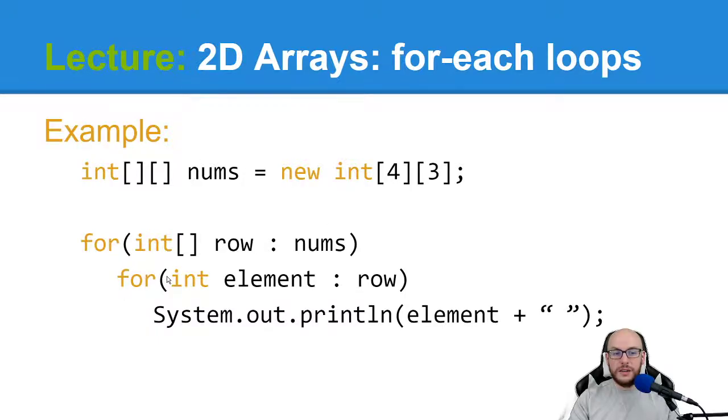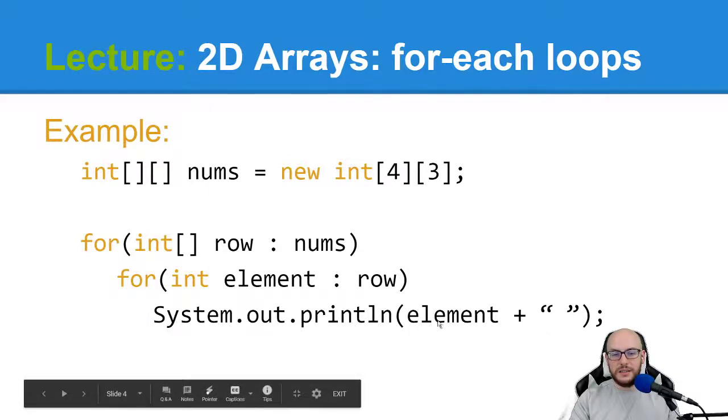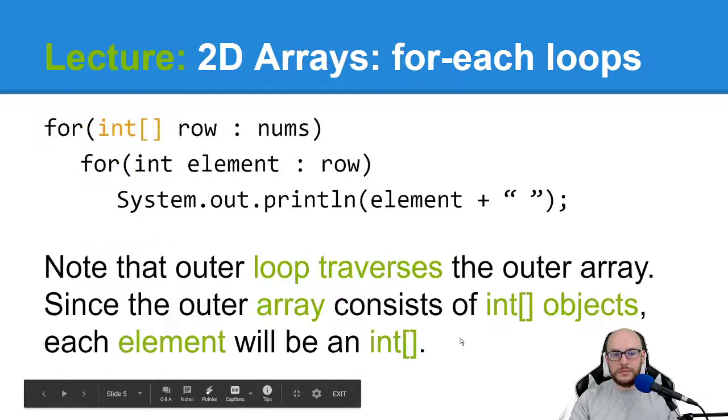Okay? This inner loop, take a look what we're actually looping through. We're looping through row. Row just got created here. Row is an integer array. Each individual element is an int. Okay, so using nested loops, we can loop through nums, a 2D array, to get the element.